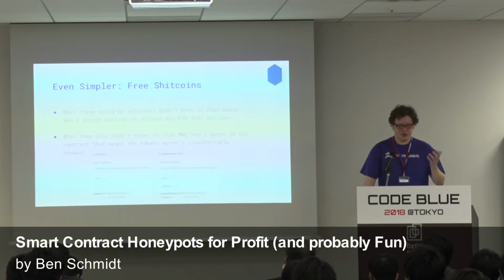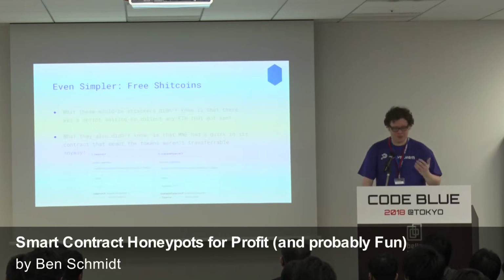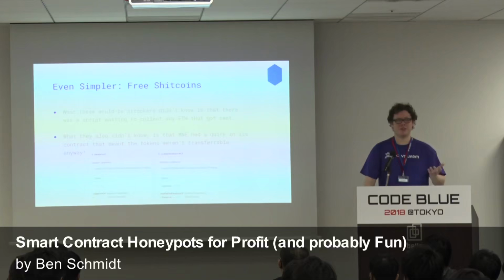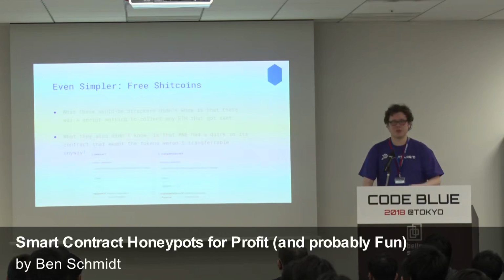Now, this contract also had an additional field called the available balance of. What this ERC20 token allowed you to do was actually lock tokens so that you couldn't transfer them. So while it looked like there were thousands of dollars of tokens that were actually transferable, they actually weren't. People kept trying to send money into this account and steal the tokens, and it wasn't even possible to take them in the first place.